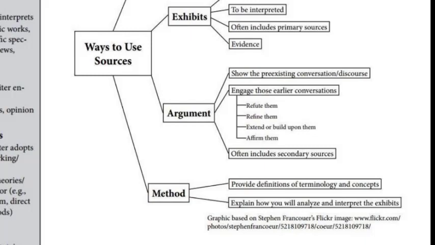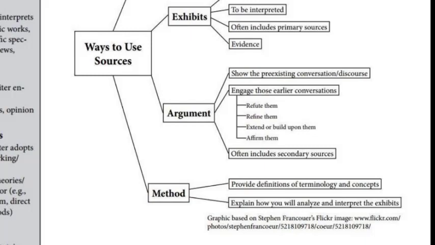Now, these are often what we call secondary sources, because anytime you're arguing something, right, it's being filtered through someone else's interpretation of something. And so that's why the secondary sources. Now, keep in mind that when you are arguing in a paper, for example, you might incorporate background information. You might incorporate exhibits, and you might incorporate sources for argument.